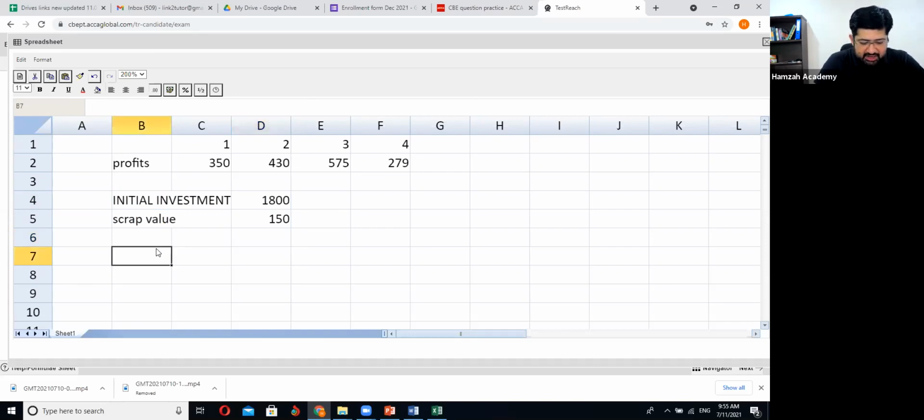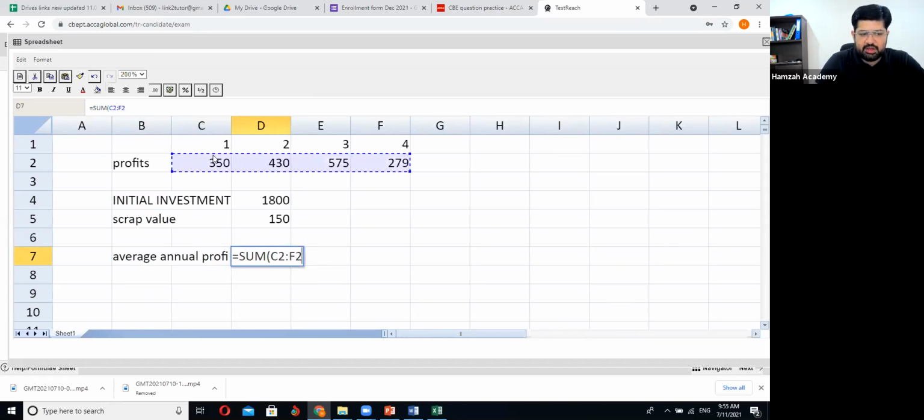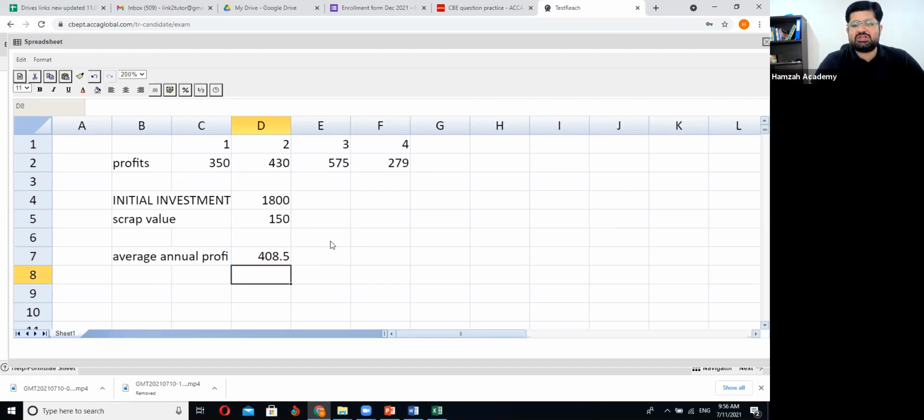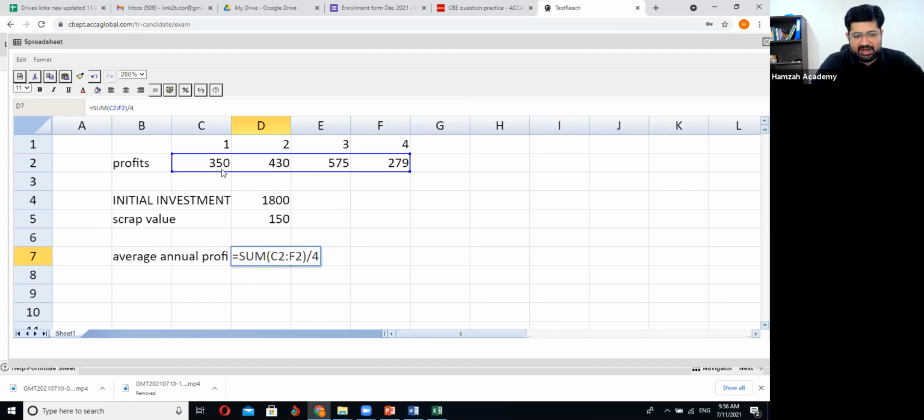So average annual profit is equal to the sum from here to here, total profit divided by number of years. There are 4 years. So average annual profit, we added the 4-year profit divided by 4.